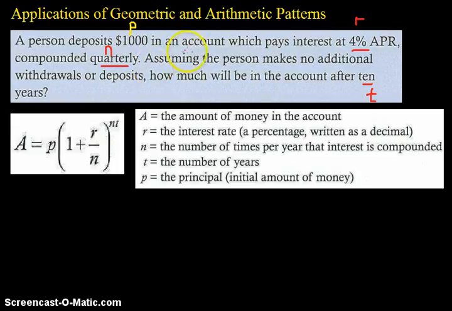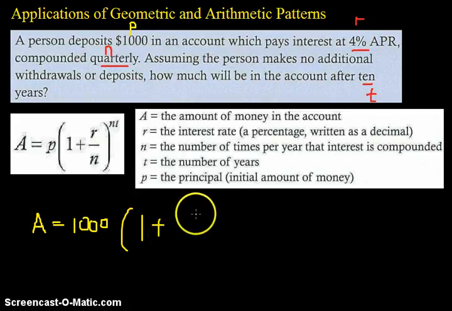We need to find how much money we have after 10 years. So my A, which is what we have to find, is equal to: my P is 1,000, times 1 plus my R. Remember to change that to decimals, so 4% becomes 0.04, divided by 4, since compounded quarterly means 4 times a year.